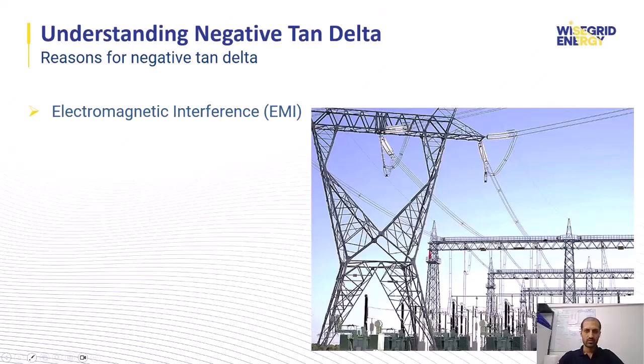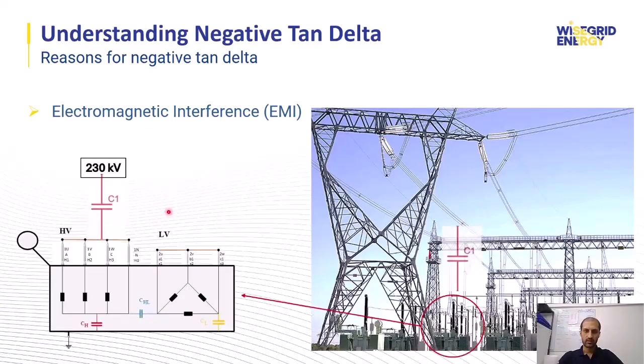These conductors induce a voltage, so we call the stray capacitance between the overhead line and transformer bushing C1. The induced voltage causes current to flow through the CH1 capacitance of the transformer to the ground.